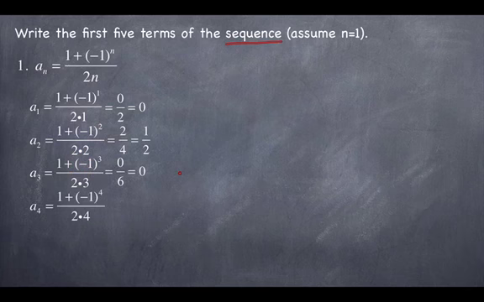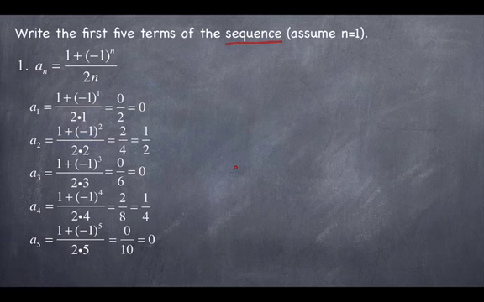The fourth term, once you simplify this, you get 2/8, but we can put it in lowest terms, and you get 1/4. The fifth term of the sequence becomes 0, and these are the first 5 terms of this sequence.